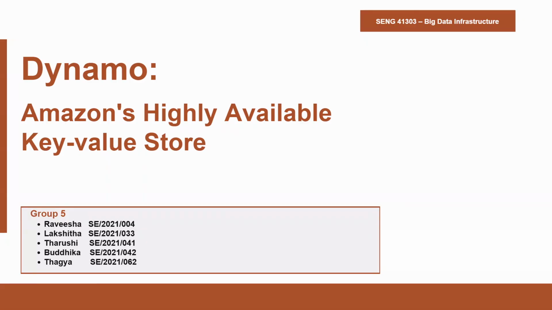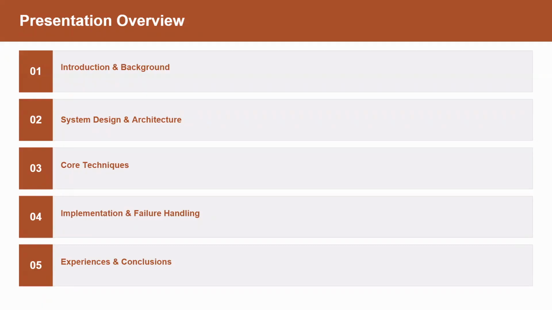Good morning, all. We are Group 5, and we are here to present Amazon's highly available key-value store called Dynamo. I'm here with Ravisha, Tarushi, Buddhika, Tagya, and myself, Lakshya. Let's look at our presentation overview. First we give some introduction and background for this solution.